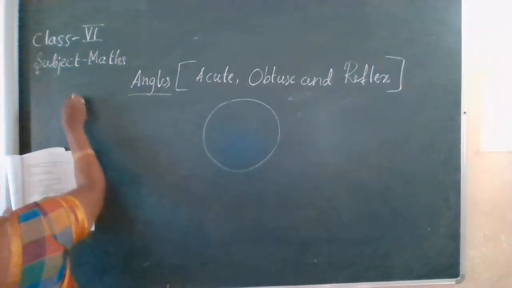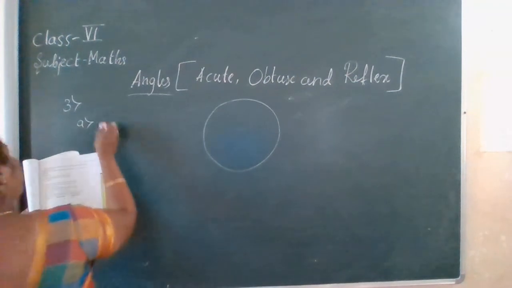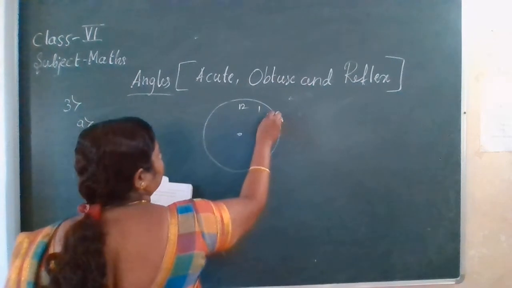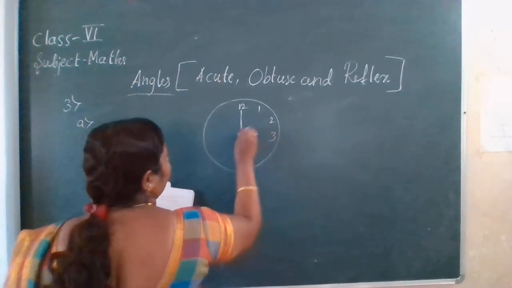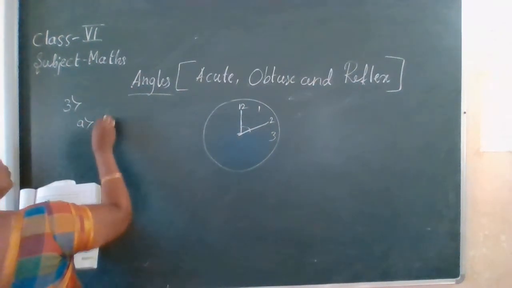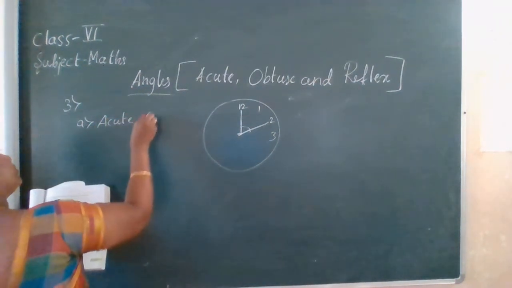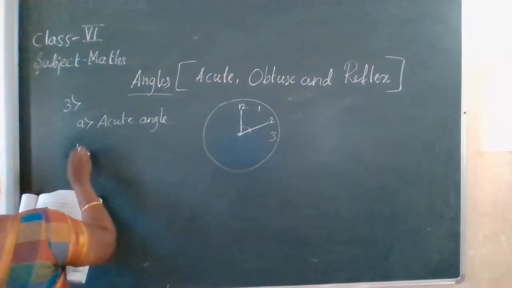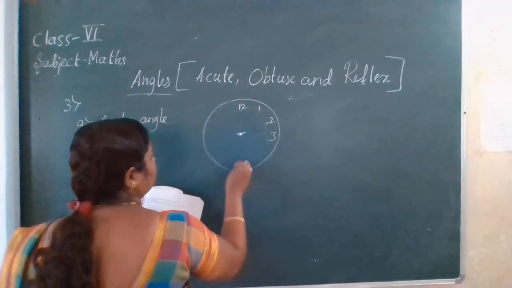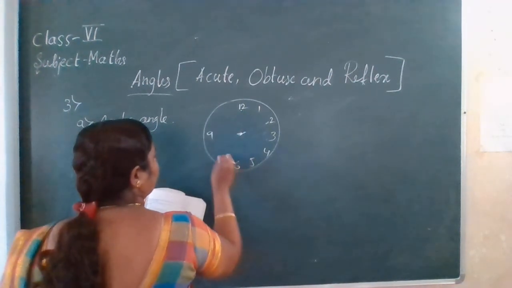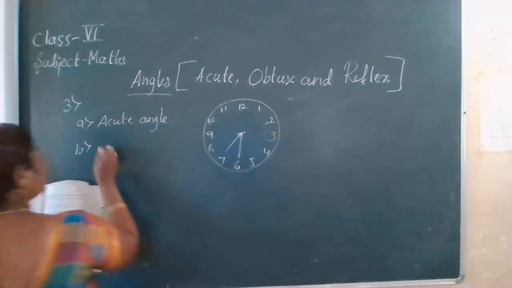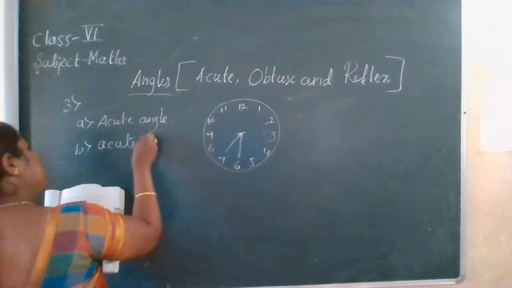First one, question number 3A, going from 12 to 2. 1, 2, 3. Which type of angle is this? This is an acute angle. Then B, from 6 to 7, this is also an acute angle.